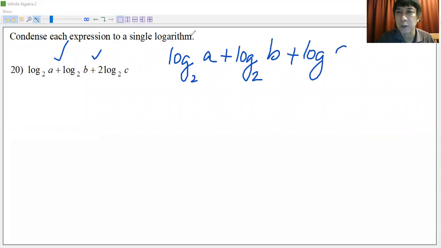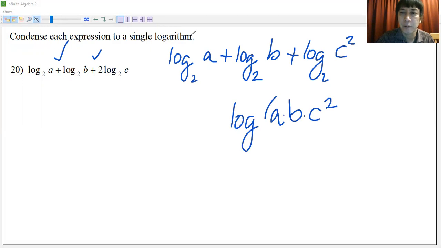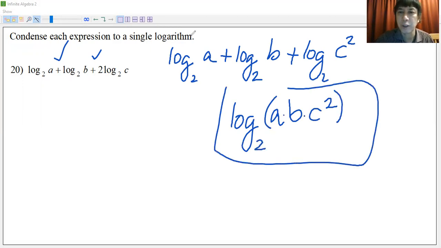That becomes c squared, and these are all base 2. And then we can make it just one single logarithm by multiplying a, b, and c squared. So this is now logarithm of a, b, c squared, base 2. That's it.